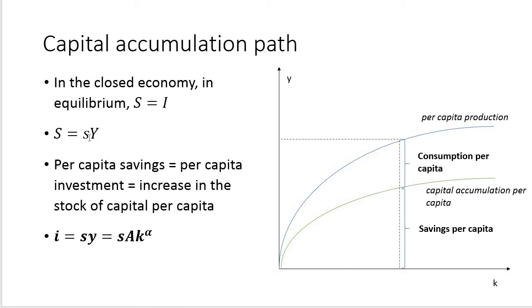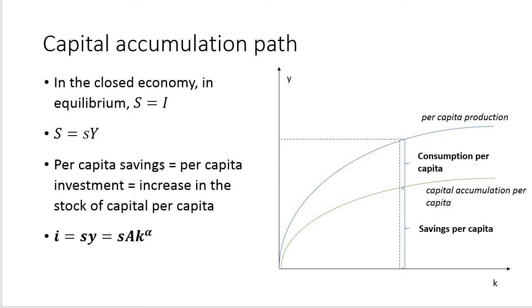So investment is equal to saving, and saving is equal to savings rate, like some constant proportion of income not spent on consumption times national income. So I believe it's pretty intuitive, have no idea why I spent so much on explaining this.